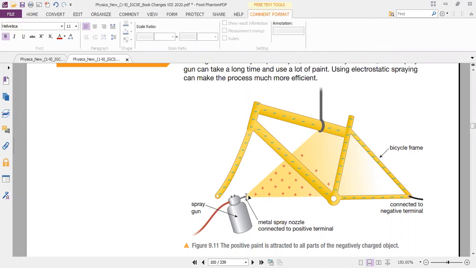All the charges are similar, so it is sprayed. And the bicycle must be oppositely charged beforehand, so that the opposite charges attract, and each corner is painted perfectly and properly, with less wastage of spray due to this.